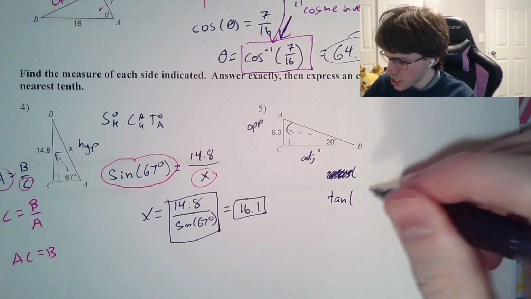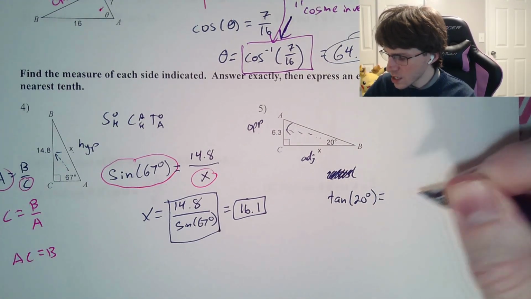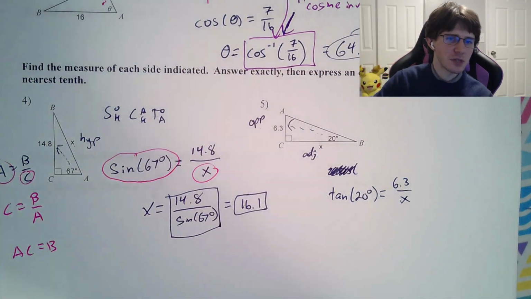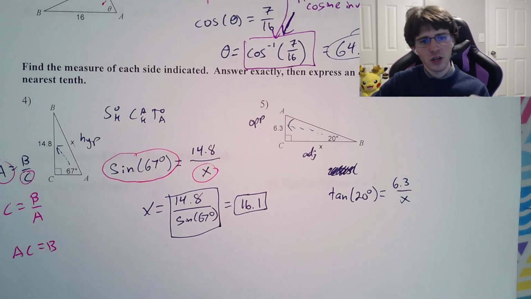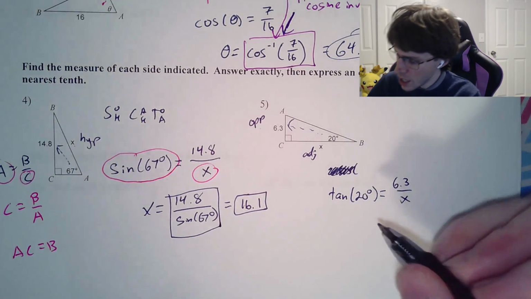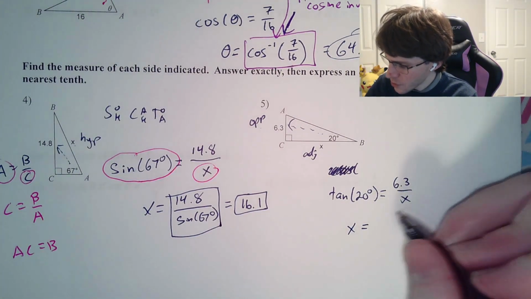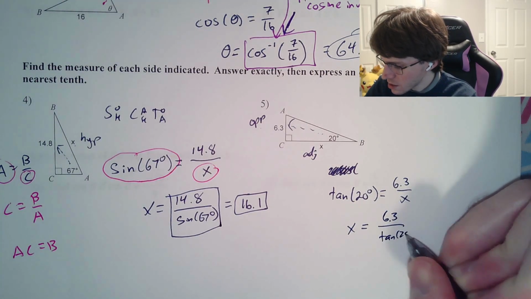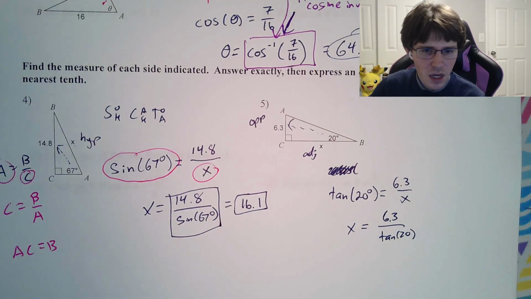We have the tangent of 20 degrees is equal to 6.3 over x. And yet again, we're in that same situation we were in the previous question, where you can just do a quick little switcheroo, and therefore x is equal to 6.3 divided by the tangent of 20 degrees.